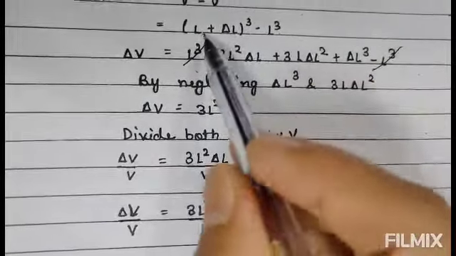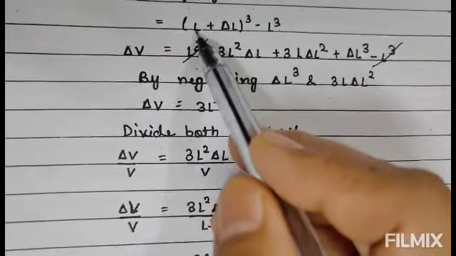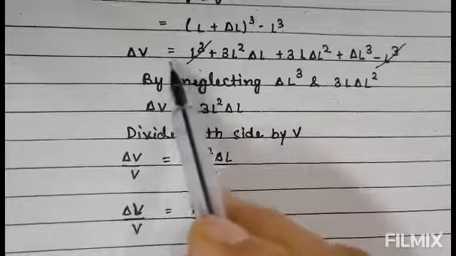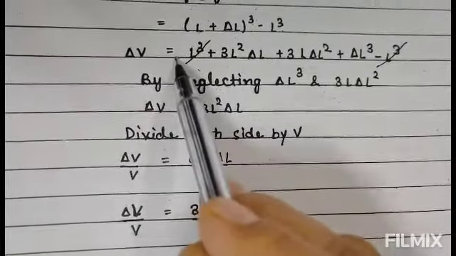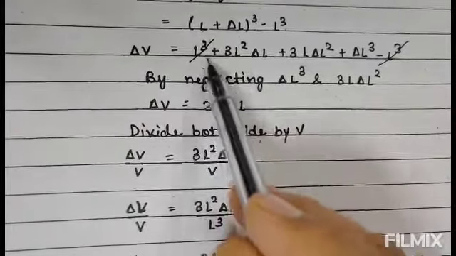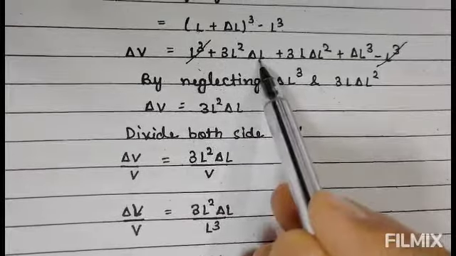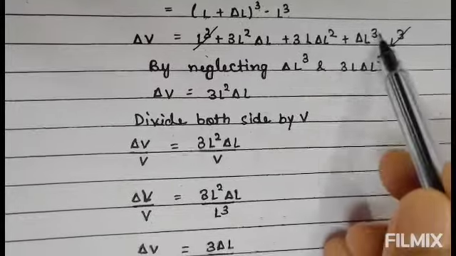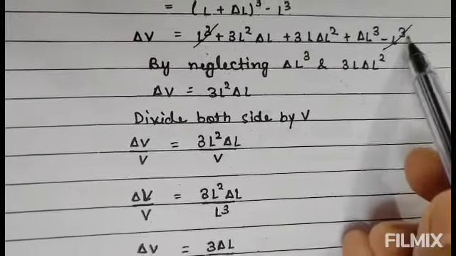We'll apply the identity for A plus B the whole cube. So del V becomes L cube plus 3L square del L plus 3L del L square plus del L cube minus L cube.